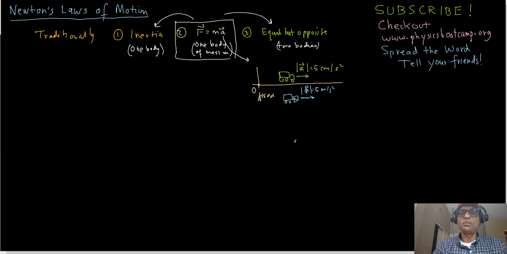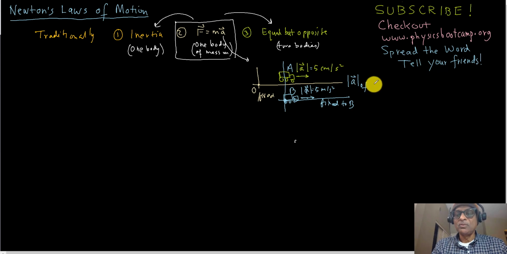And we look at that truck from a frame fixed to it. So this is A and this is B, fixed to B. When you look at truck A with respect to B, you will see the acceleration of A with respect to B will be 0.